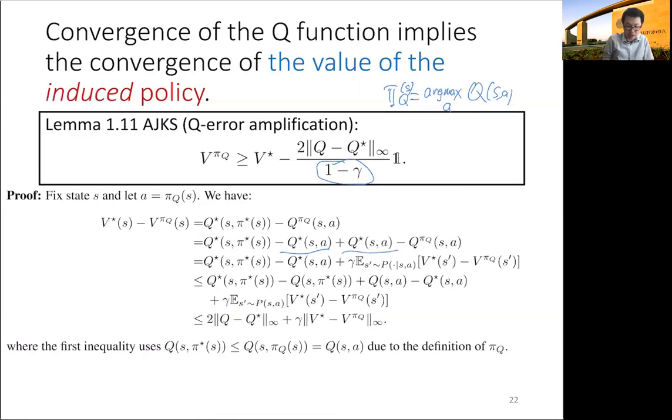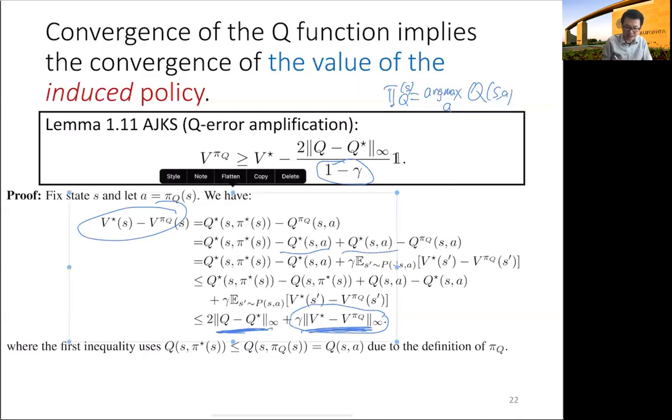The interesting part is at the very end. At the very end, you decompose things into the approximation error of Q and the approximation error of what you are trying to bound in the first place. Notice that both the left-hand side and the right-hand side depend on V star minus V pi Q. By simply taking the L infinity norm bound on both sides, moving this to the left-hand side, and then dividing both sides by 1 minus gamma, you recover this type of bound.